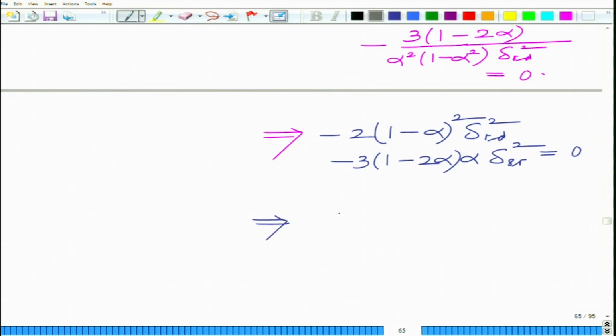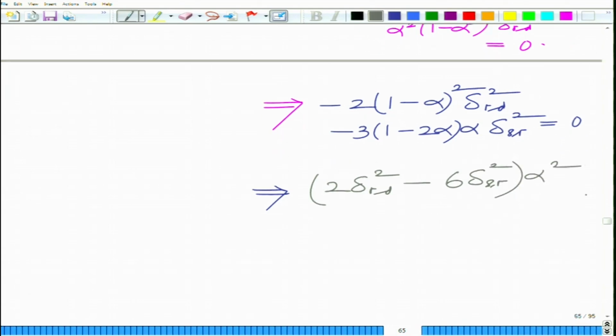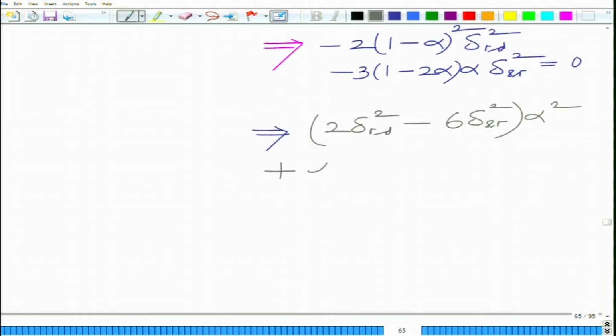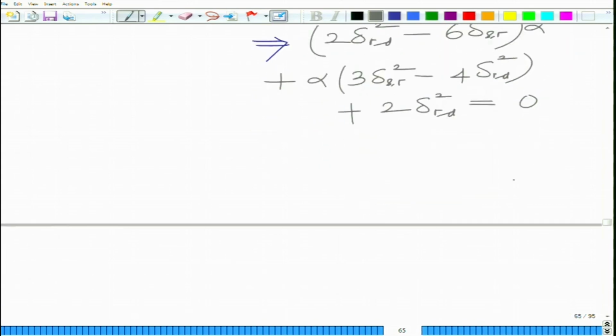This implies that (2 delta RD square minus 6 delta SR square) into alpha square plus alpha (3 delta SR square minus 4 delta RD square) plus 2 delta RD square equal to 0, and you can solve this.